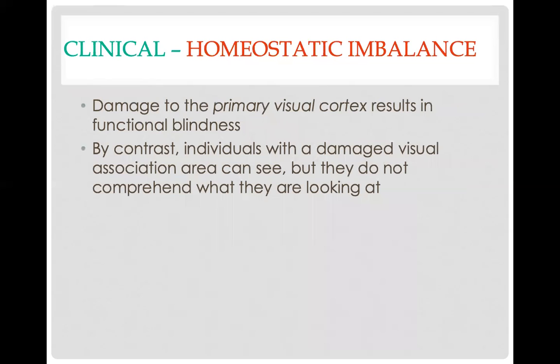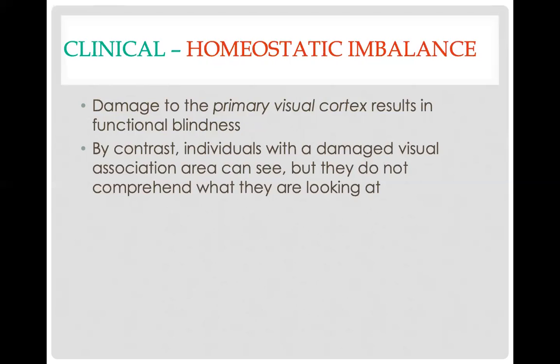Now, pay attention to this, guys. Let's say you have some sort of problem, again, some sort of trauma, you may have a stroke, some sort of bleeding in the brain that affects specifically the primary visual cortex. So if the primary visual cortex is damaged, then the person is technically going to be functionally blind.